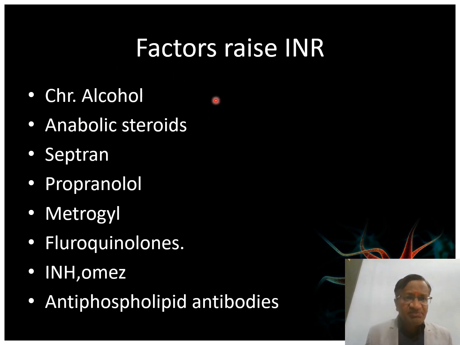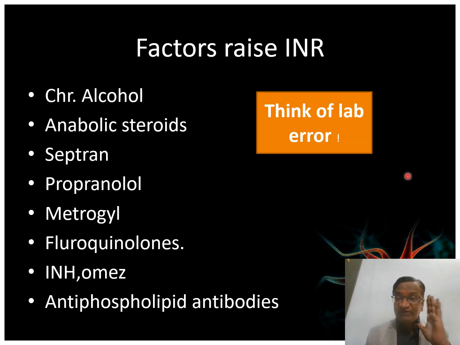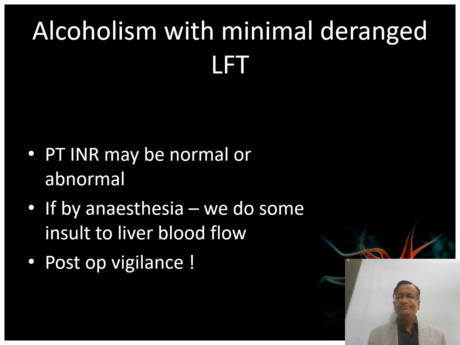Factors that also raise INR: anabolic steroids, Septran, propranolol, Metrogyl, all fluoroquinolones, that means ciprofloxacin, levofloxacin, omeprazole, antiphospholipid antibodies. There are so many factors which we need to know by heart. Chronic alcohol, Septran, propranolol, Metrogyl, fluoroquinolones, INH, omeprazole, all these things may raise INR. Think of lab errors.